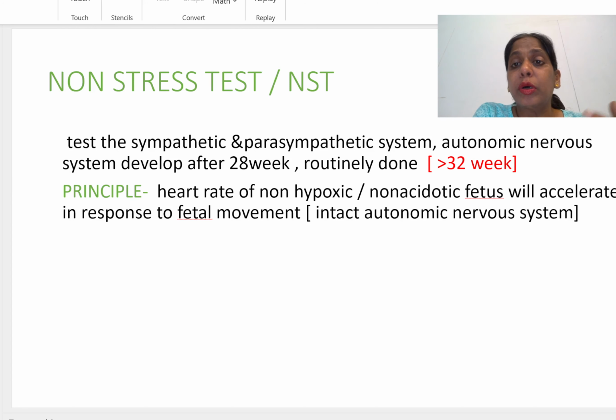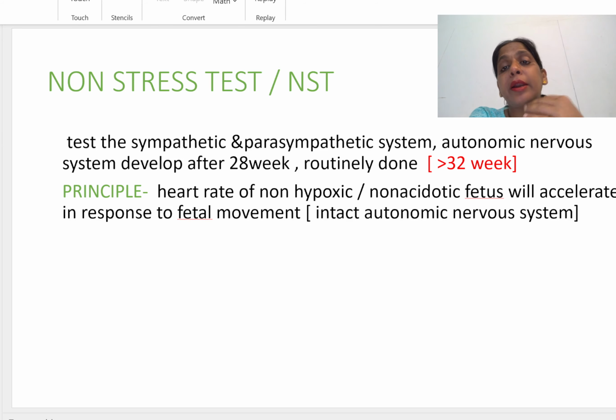So after 32 weeks we have to perform this NST, right? It is based on the principle that if the fetus's autonomic nervous system is working fine, then with every kick the fetal heart rate should rise.